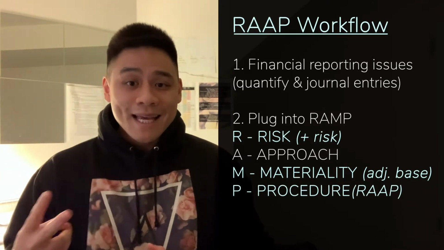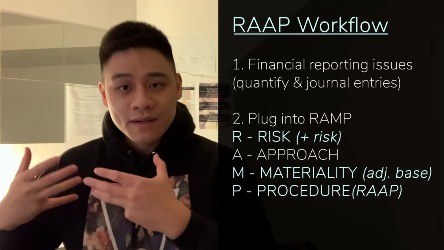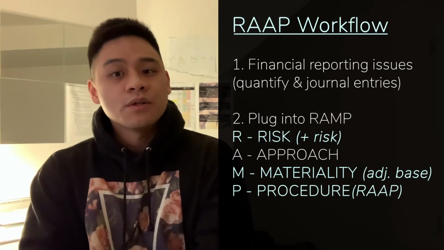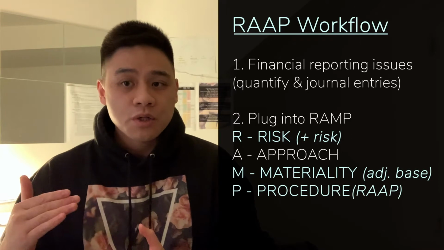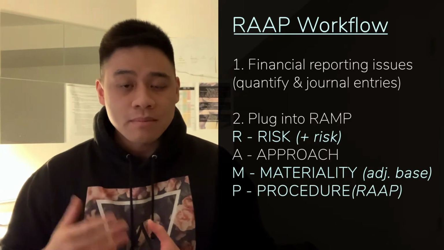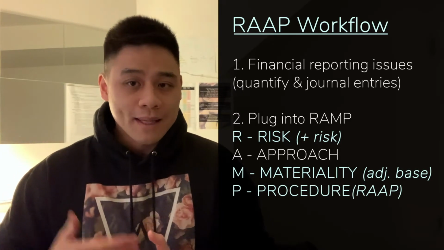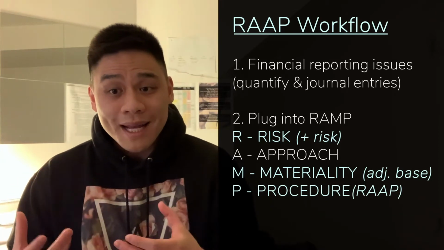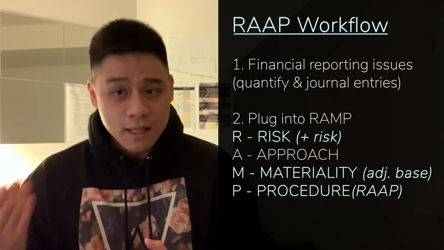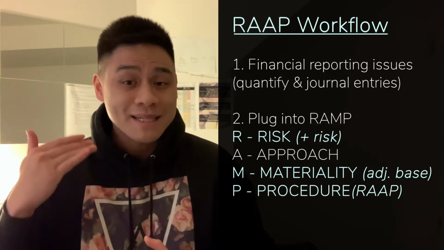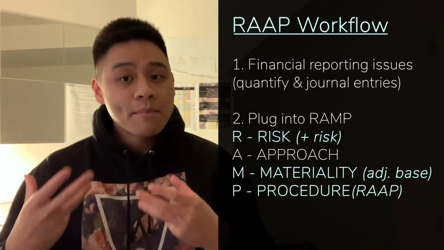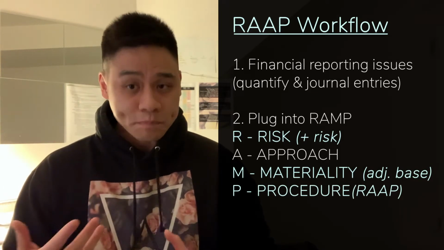So second, by identifying the financial reporting issues, you would also identify the journal entry adjustments that need to be made to the balance sheet or the income statement to correct the financial reporting issues. This impacts your materiality, which is the M part of your RAAP layout.